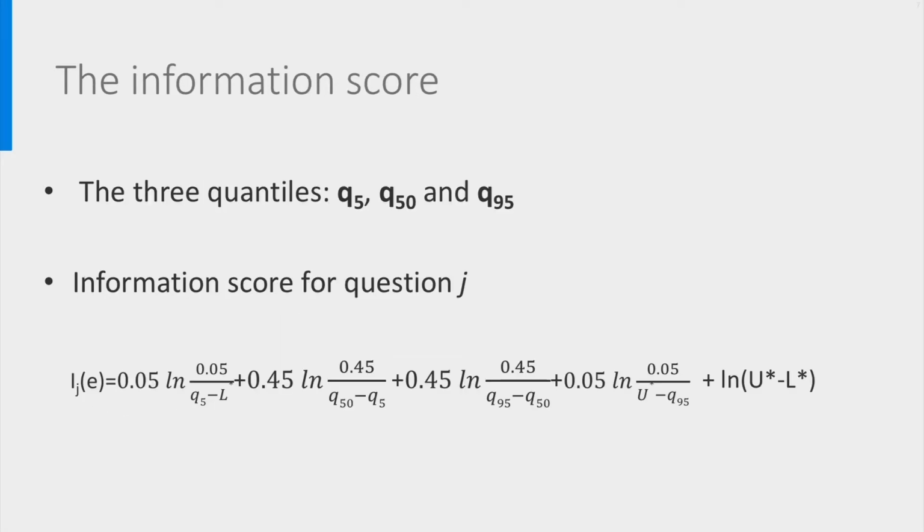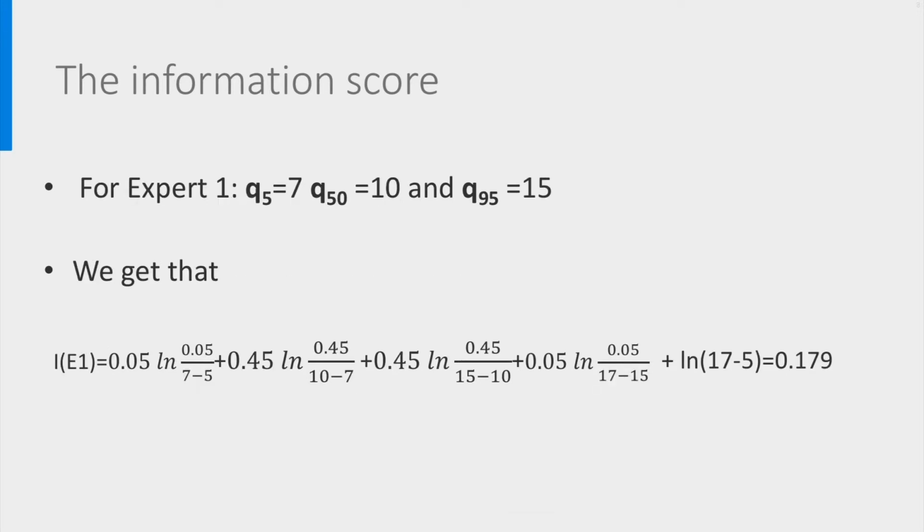For each expert, denote the 3 quantiles as Q5, Q50 and Q95. The information score for a given question j is computed with this long formula that depends on the 3 quantiles, but also on L star and U star. Again, ln is the natural logarithm here. For our example and for expert 1, recall the 3 quantiles, which are 7, 10 and 15.